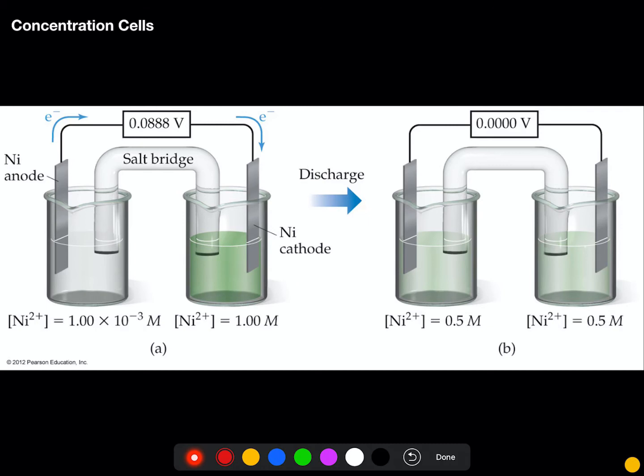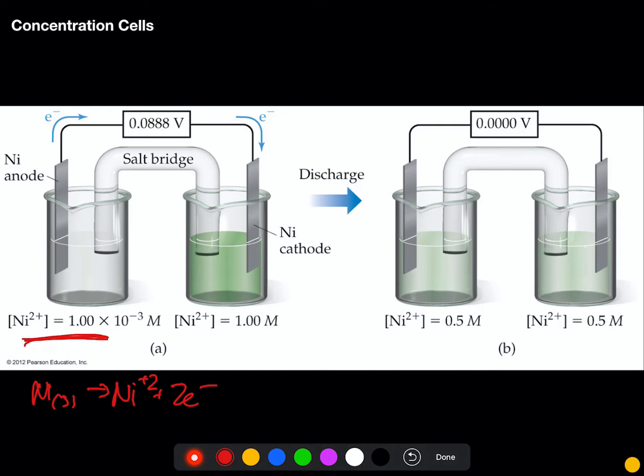If we look here, this is my anode, where oxidation is supposed to occur. What reaction is happening in there? We are going from nickel solid to nickel plus 2 electrons. So oxidation is occurring here, and we'll note that what we've done is we have a really, really low concentration of nickel ions.